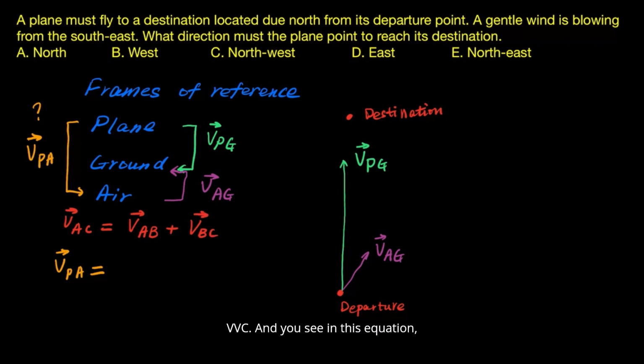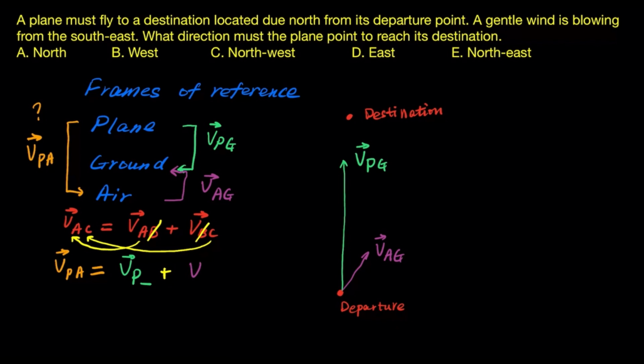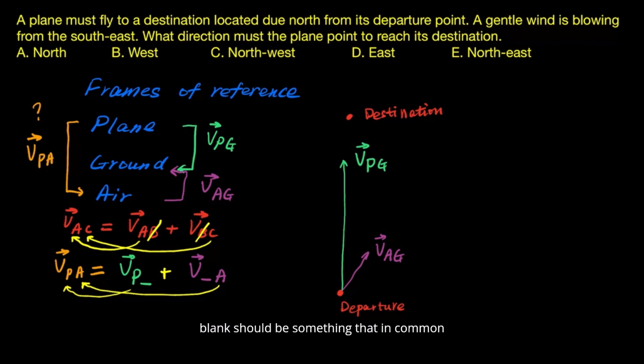And you see in this equation, the common subscript B cancels out, leaving the A and C in the resultant vector. In our case, we have P and A in the resultant vector, so the right side must be two vectors, where the first one should be Vp something, plus the second one should be V something A. So we know we should have P here and A here, and the blank should be something in common between these two vectors.